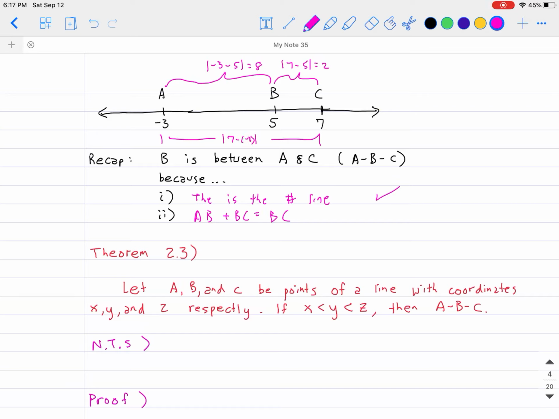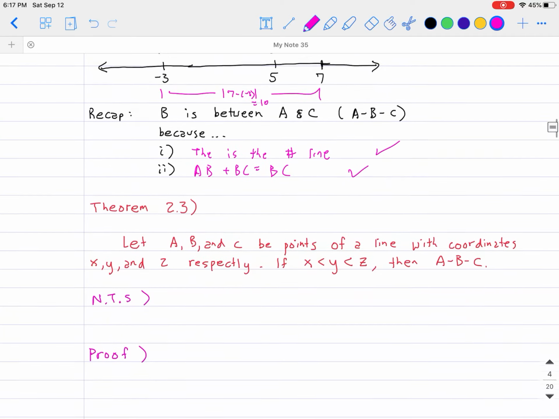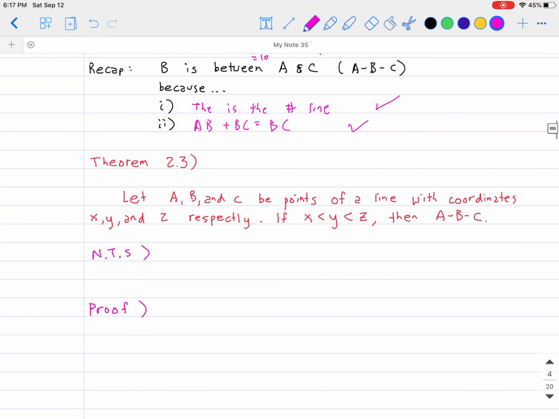And lastly, from A to C, that's the absolute value of 7 minus -3, which is going to be equal to 10. So definitely 8 plus 2 is equal to 10, so that checks out. As a result, because both of these things are verified, point B is between A and C. So that's how we can use this as a proof.